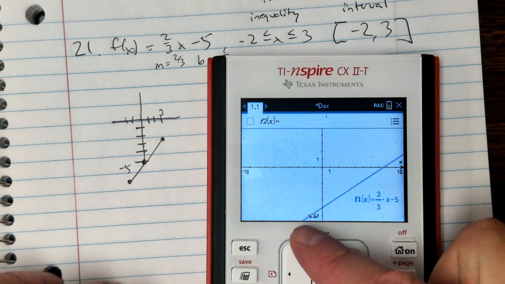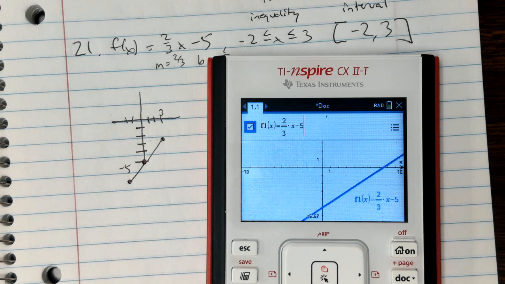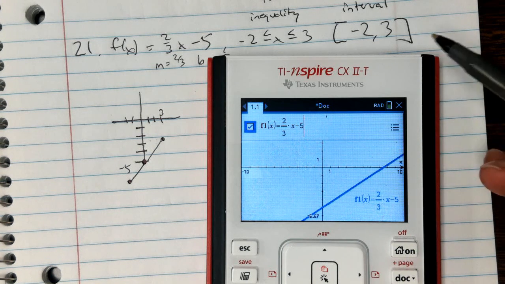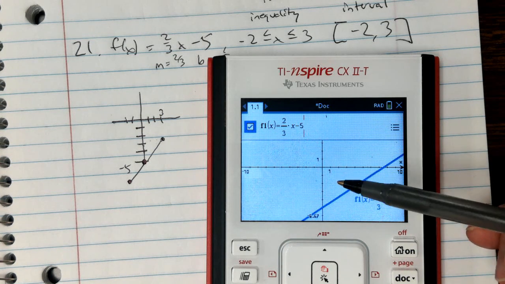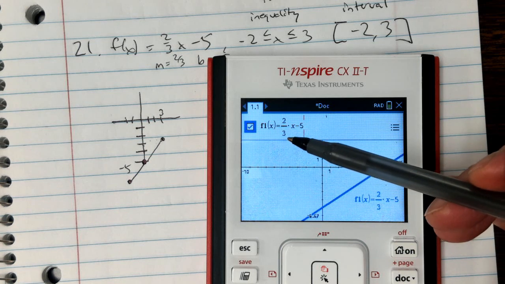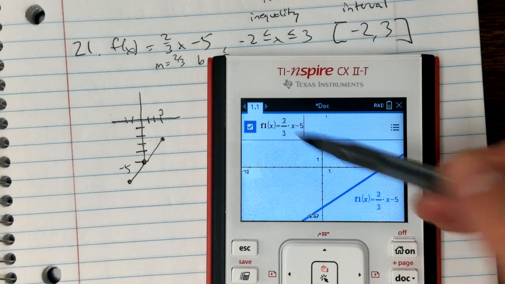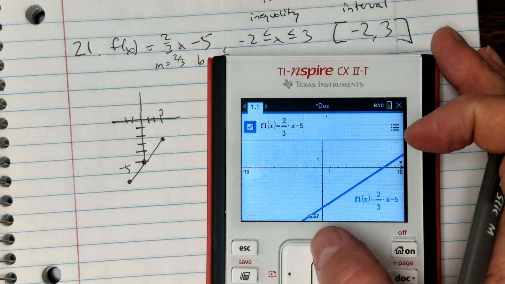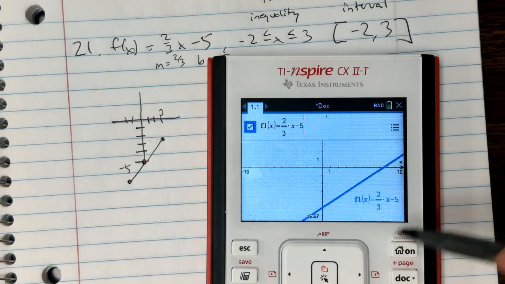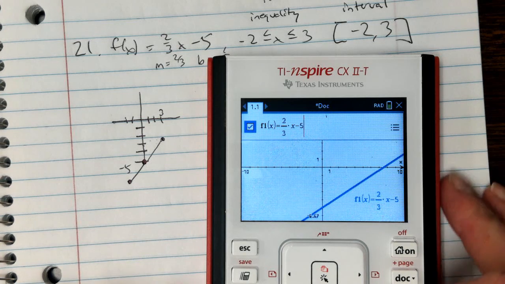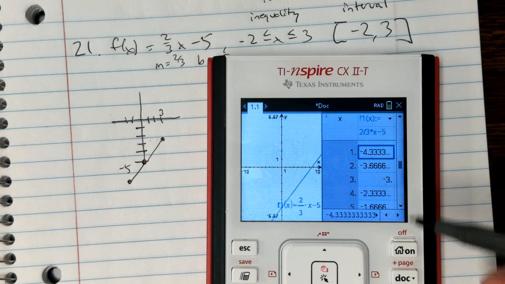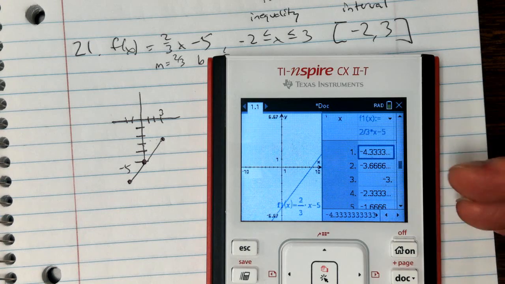Again, just as a reminder for those that have the other form of the calculator, put parentheses around your 2/3. On the CX2s that we use, it automatically did it right, and you can check it. But that's our graph. And again, we go to Control T to look at the table, and these are the points we want.